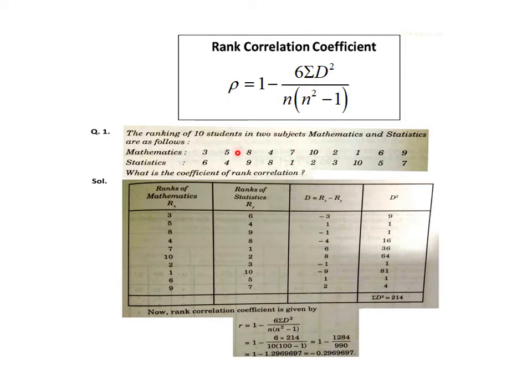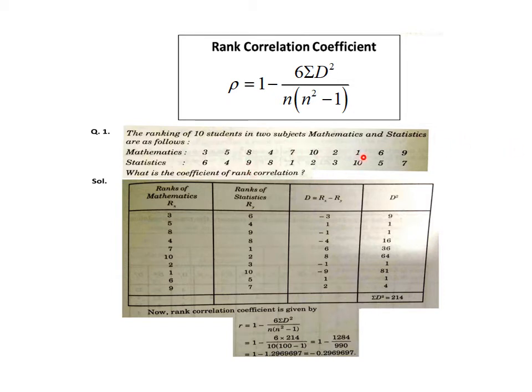That means obviously the ranks of students show inconsistency, and the -1 to +1 range of rank correlation coefficient actually shows this consistency. If it's +1, then it's a perfectly consistent correlation coefficient. That means rank 1 will be rank 1, rank 10 will be rank 10, on both sides.